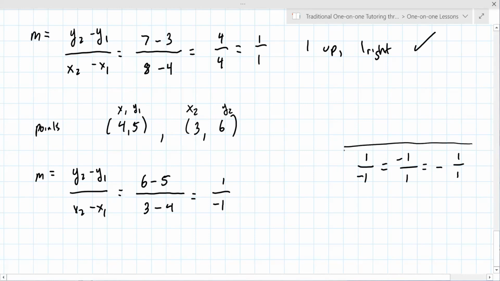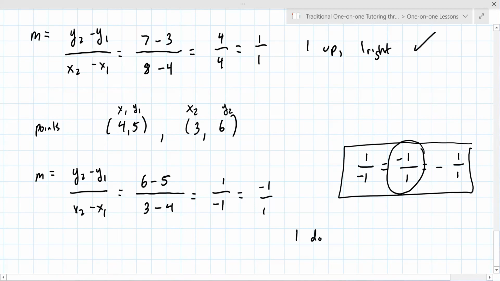All right, so all of it's technically negative in a way, but which is the most useful for talking about slope? -1 over 1. Yes, and the reason is the top number tells you up or down. So if you ever get a negative on the bottom, you should move it to the top, because this means 1 down, 1 right.